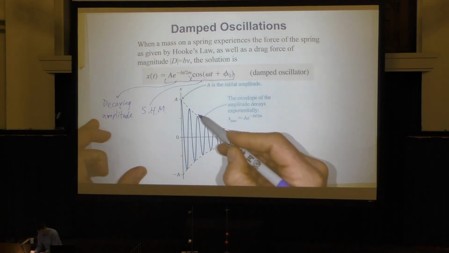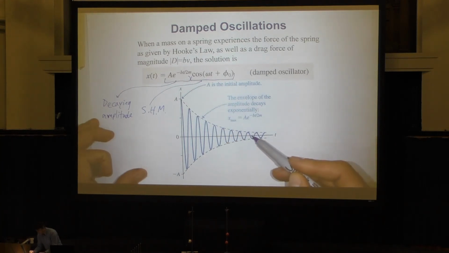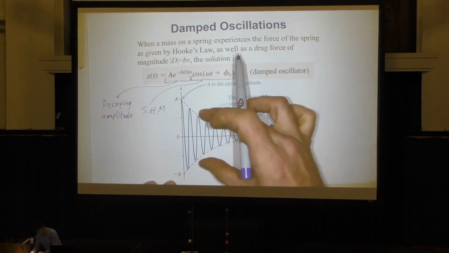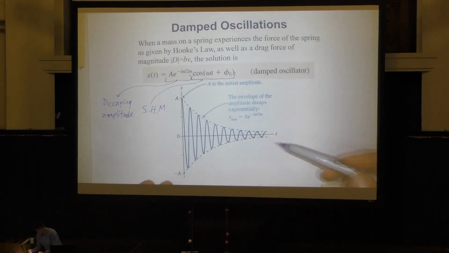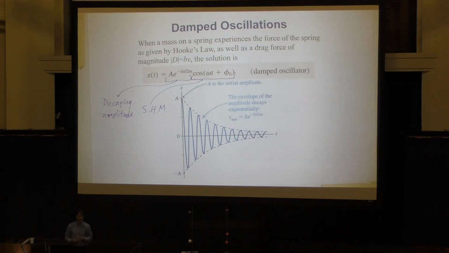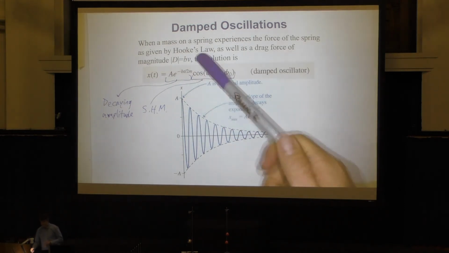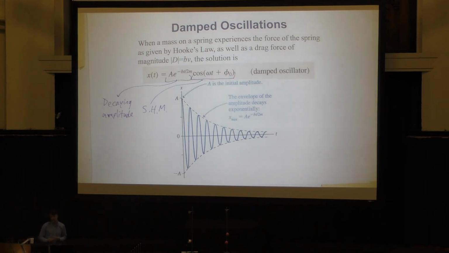You've got some envelope, which is the dashed line, which is shrinking the function itself, which is the cosine. The envelope of the amplitude decays exponentially. So it's one of those equations which you might write on your aid sheet. Certainly you don't have to derive this one or even show that it's true. But if you plug that into the whole differential equation where you've got two forces now, you should get it.